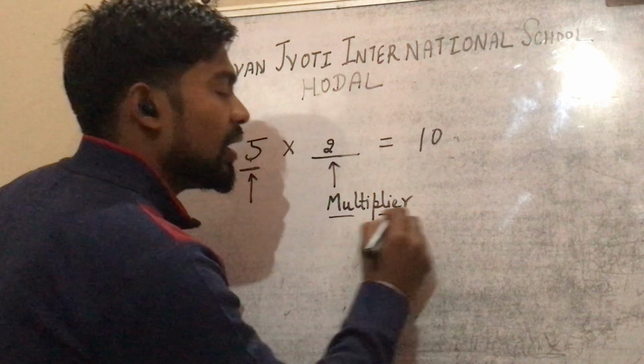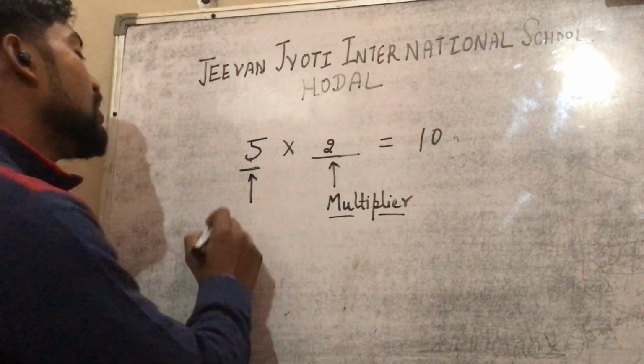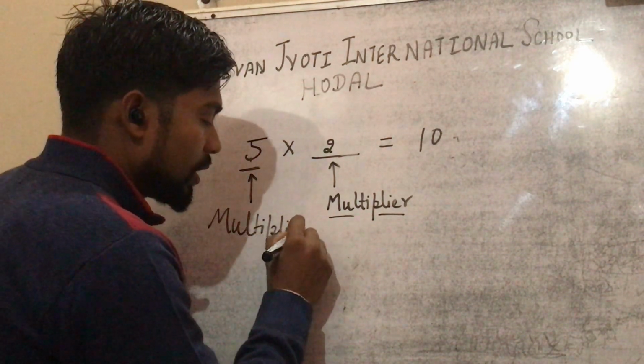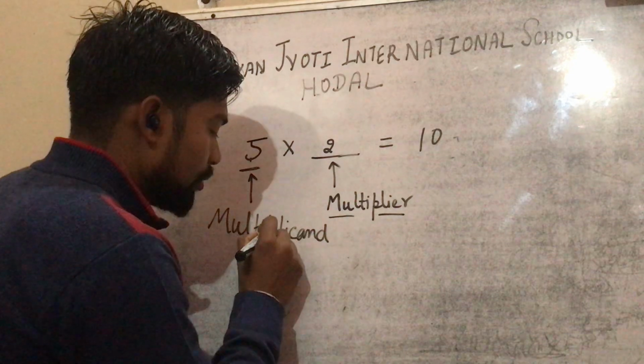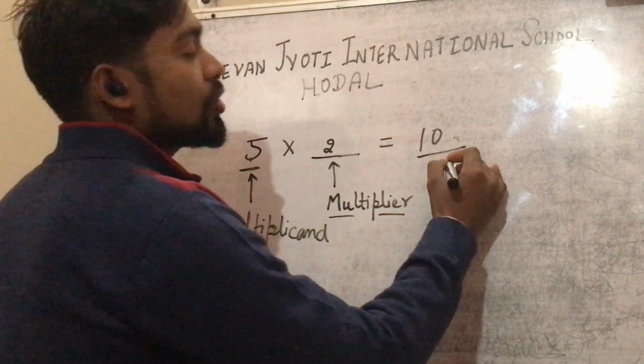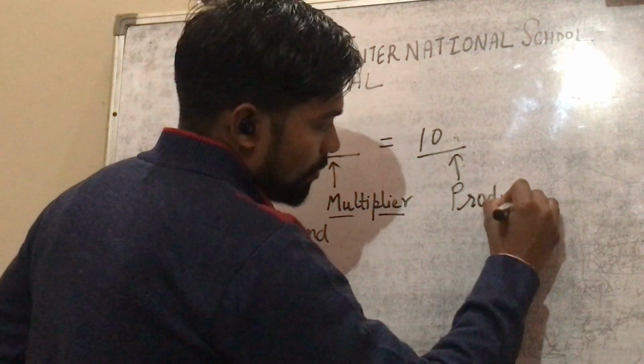It is the multiplier, and the number which is getting multiplied is called the multiplicand. Okay, first we have to know these two words, and the result which comes out here is called the product. What do we call this? Product.